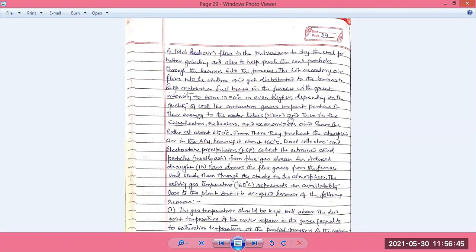And the rest, about 70% of the heated air, goes to the furnace, which ensures quick and immediate burning of the coal, creating a temperature of around 1350 or 1400 degrees centigrade. It depends of course on the quality and the ignition value of the fuel, but it is supposed to heat up to that temperature.